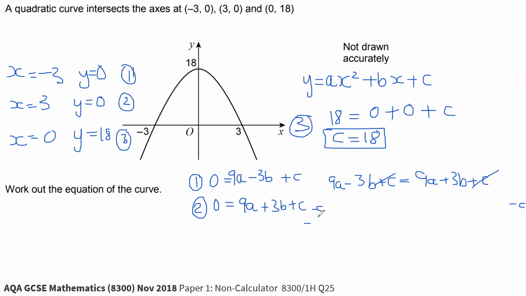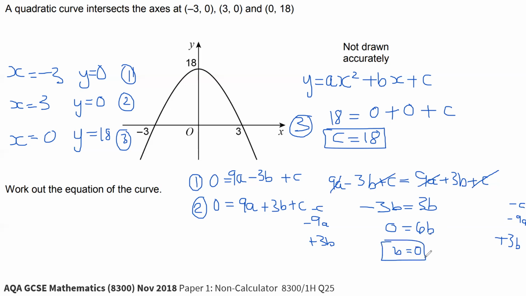We can also take away 9a from both sides, and then we're going to be left with minus 3b equals plus 3b. So now if we add 3b to both sides, we're going to end up with 0 equals 6b. So hopefully you see where we're going with this. We're going to end up with b equals 0.